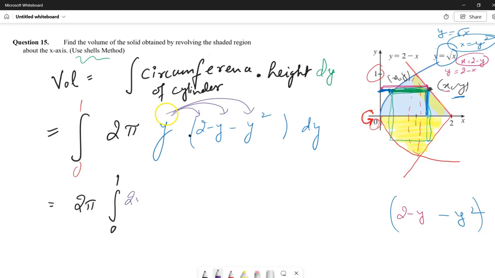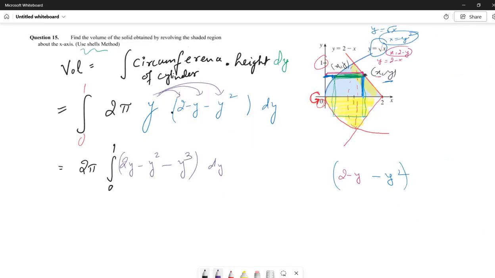This is going to become 2y minus y cubed minus y squared dy. Okay, so this integral can be easily solved using the power rule. 2 pi times 2y squared by 2 minus y cubed by 3 minus y to the 4 by 4 from 0 to 1.